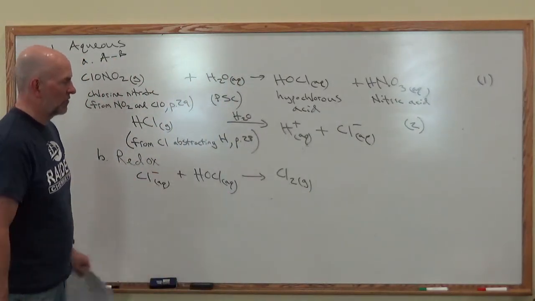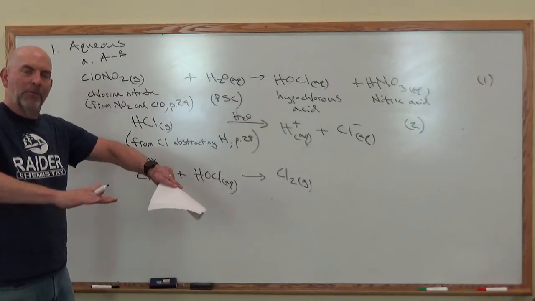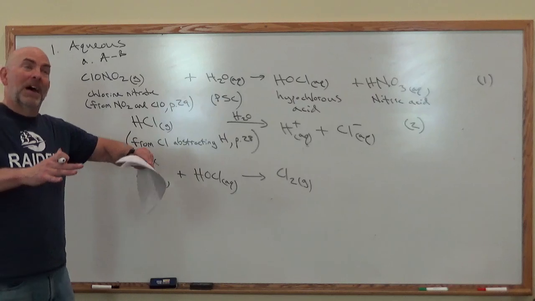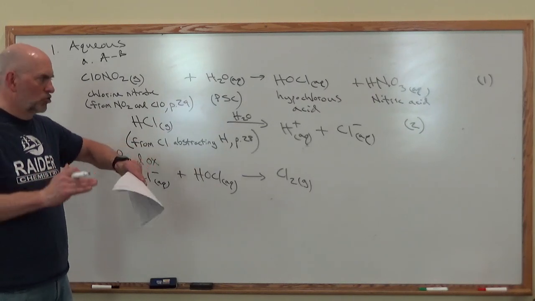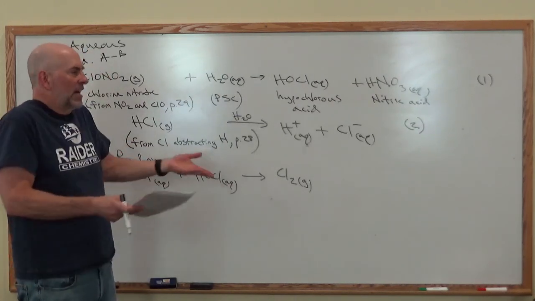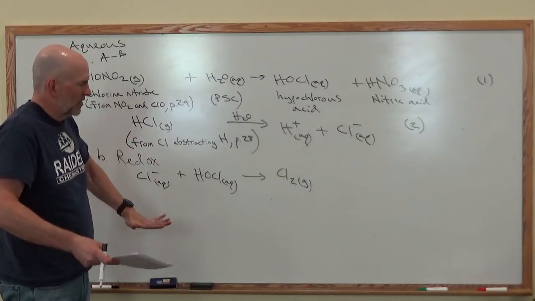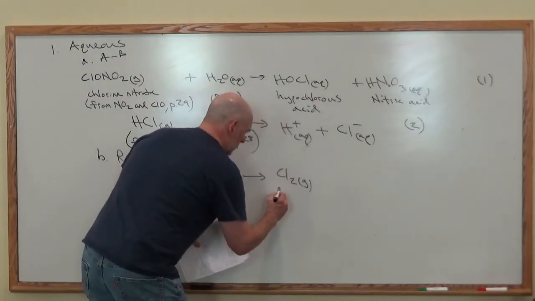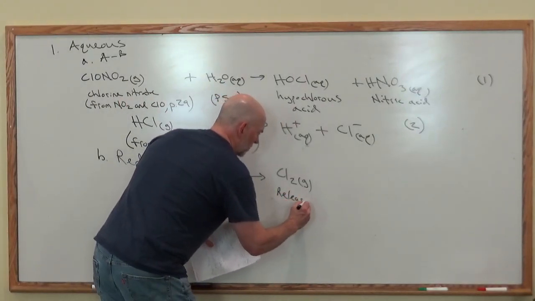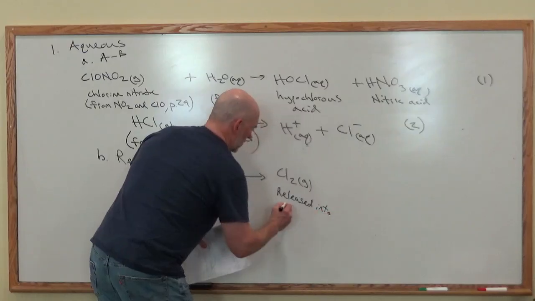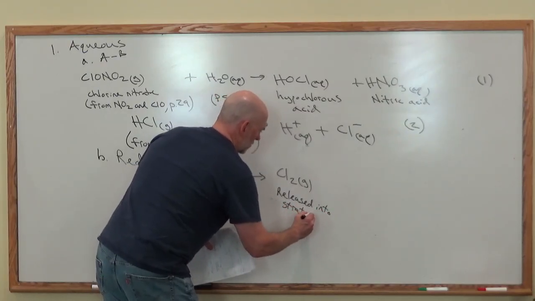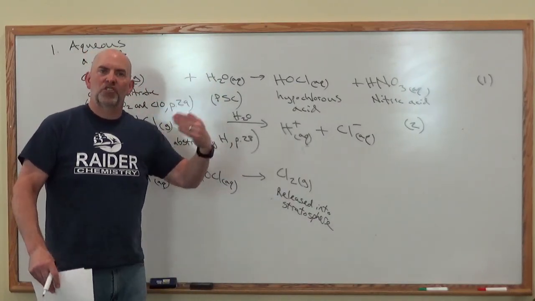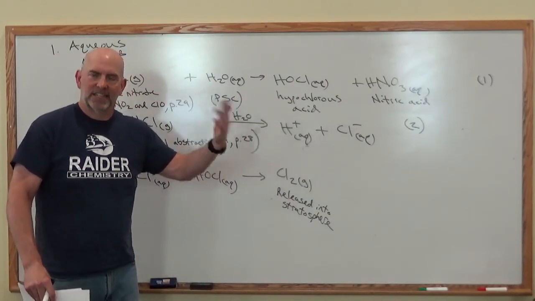If you know anything about the history of chlorine gas on Earth, that was manufactured in World War I in large quantities, I think primarily by the Germans to use in trench warfare. So you get an idea of how dangerous that is on the surface of the Earth, but that can then be released into the stratosphere, where it can then participate in ozone decomposition in subsequent reactions.